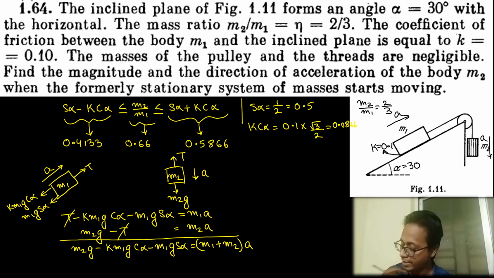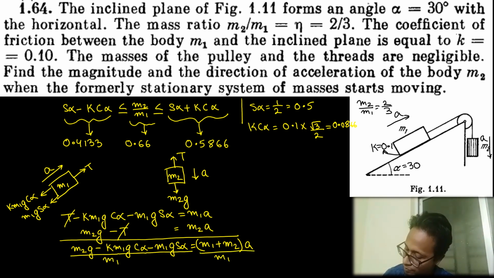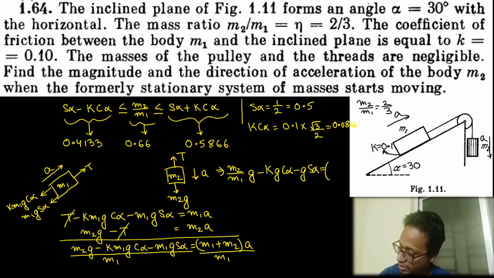Now I divide the entire same equation by m1, left hand side by m1 and right hand side by m1. So I get m2 by m1 g minus k g cos alpha minus g sin alpha is equal to 1 plus m2 by m1 into a.